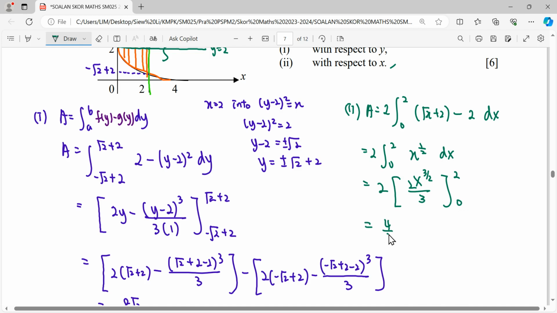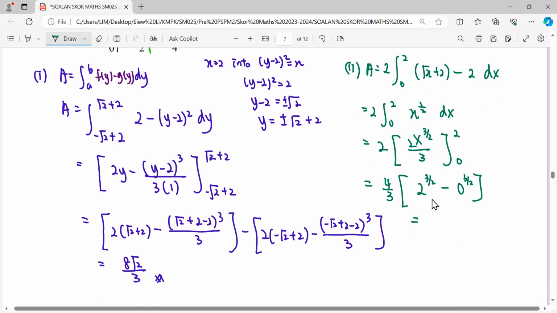So this is 4/3, and inside here will be 2 to the power 3/2 minus 0 to the power 3/2. So this also gives us 8√2/3 unit square.